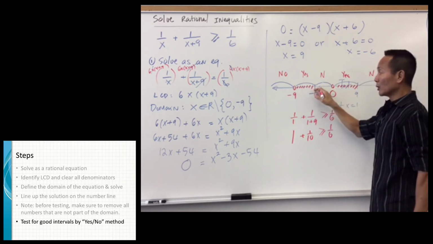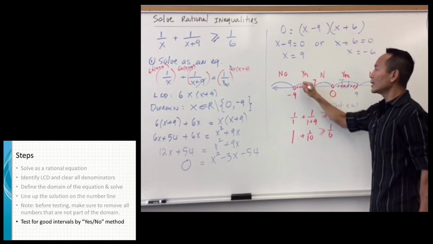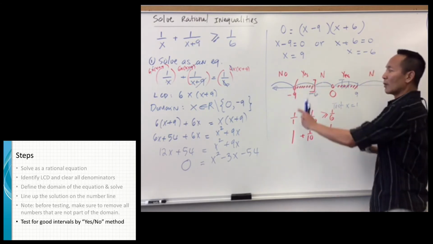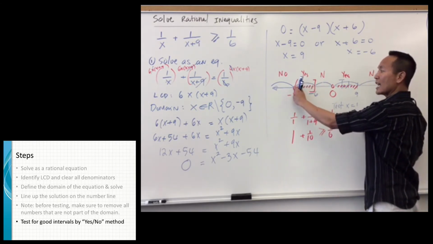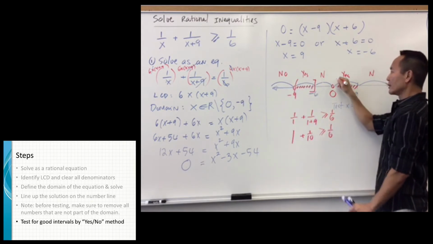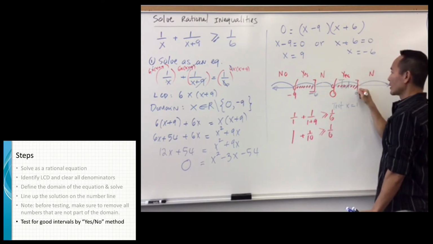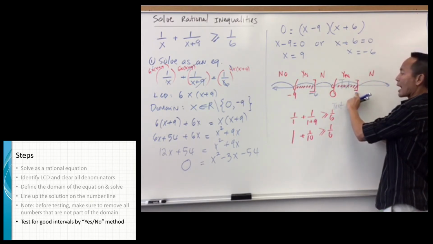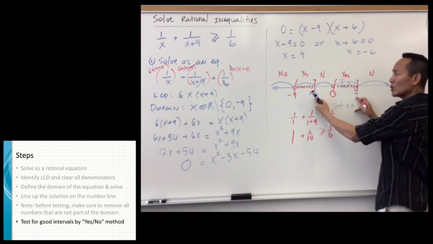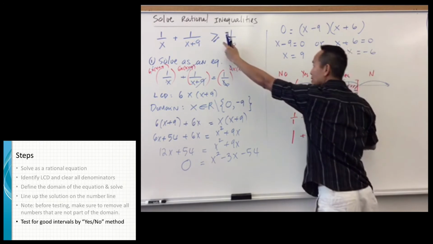We will enclose it. So we put the bracket here, parenthesis here. The reason I put parentheses is because negative 9 is not there. 0 is not there. Okay? And I enclose this with the bracket because these are the solution, and we have the equal sign here.